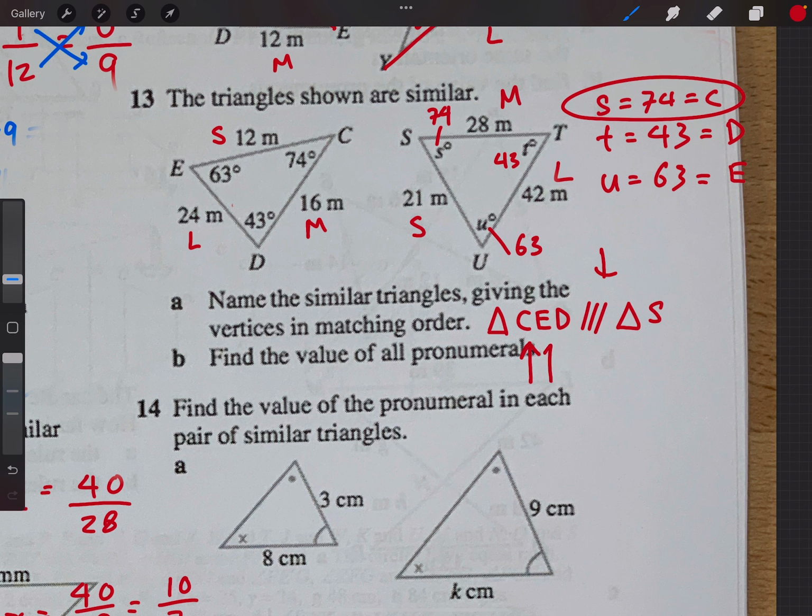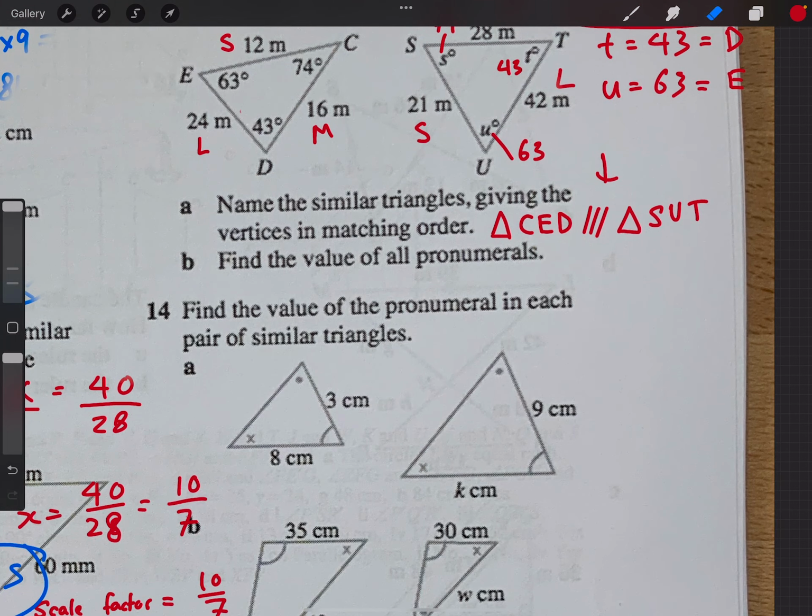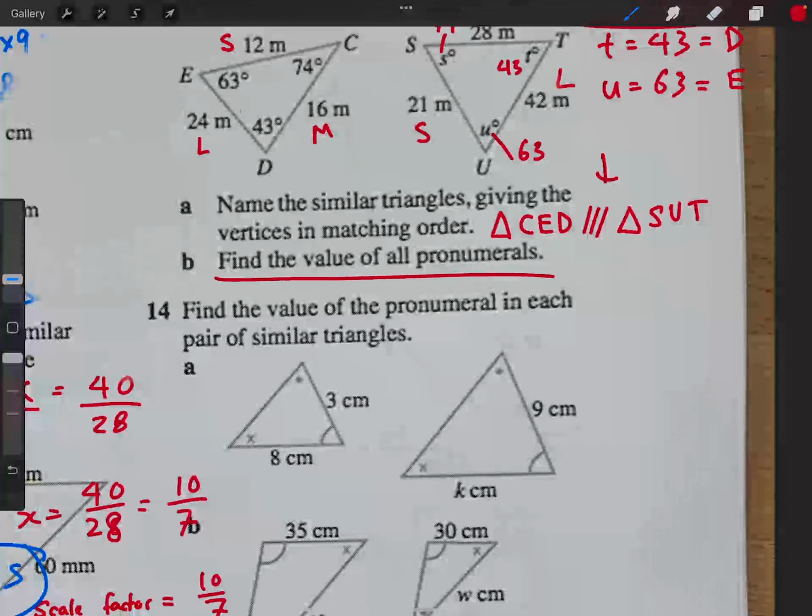And then the next letter is E, so that's going to be your U, and then the last one will be T. So CED equals SUT. There you go. Find all the values of pronumerals. We did that already. We're done.